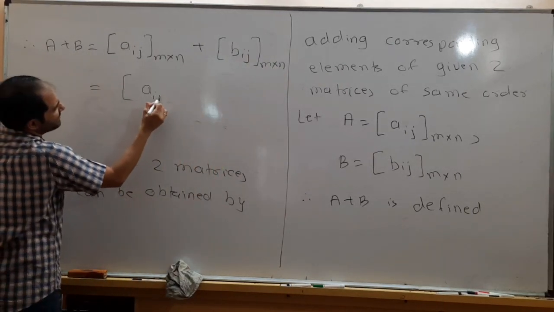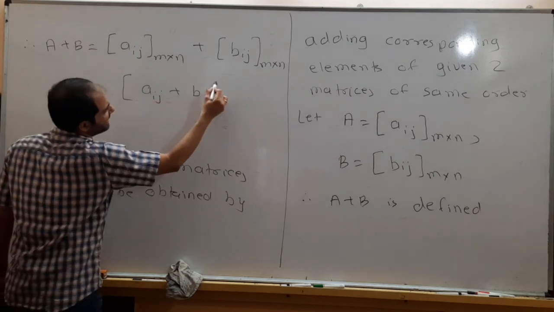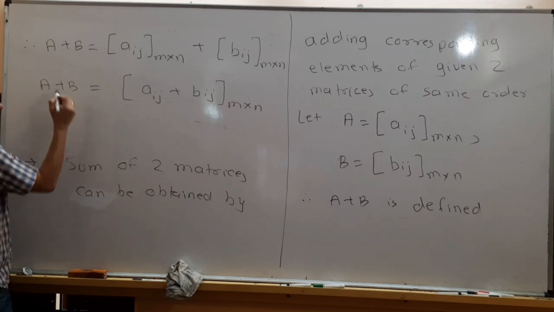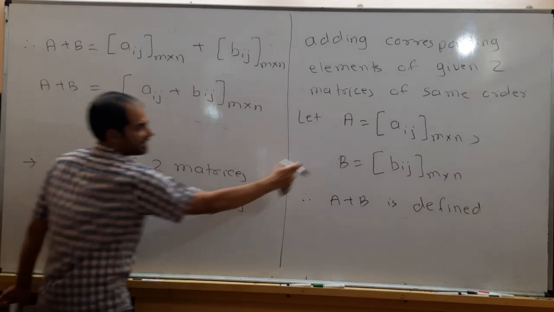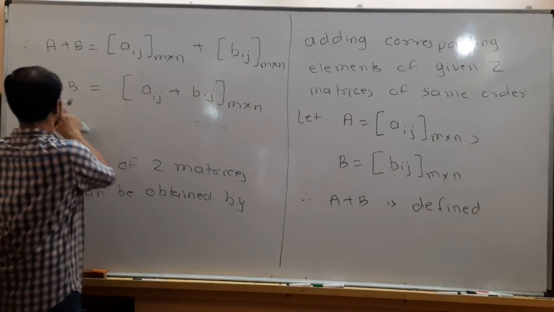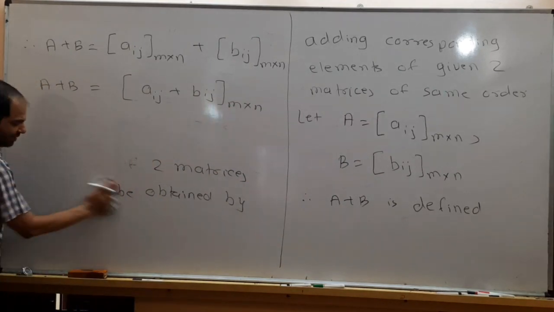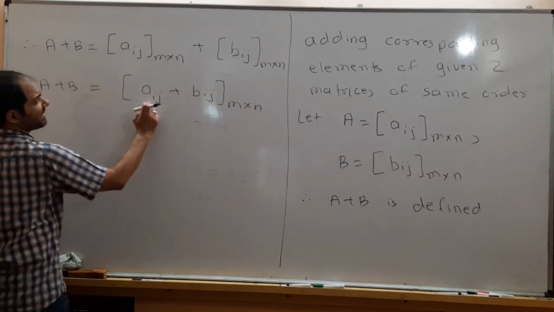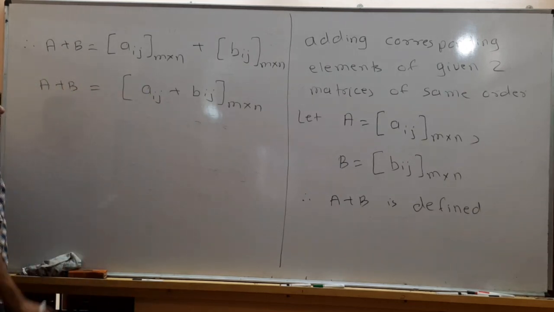That means Aij plus Bij of the order n cross n. This is A plus B. So A is m cross n, B is m cross n, A plus B will also be m cross n, and it can be obtained by adding the corresponding elements of the two matrices.